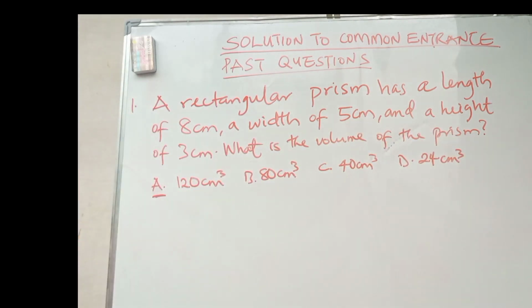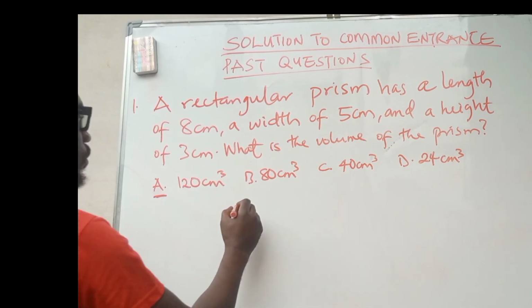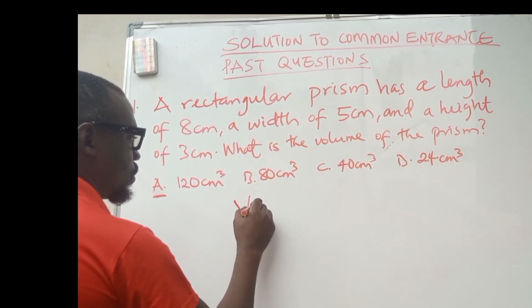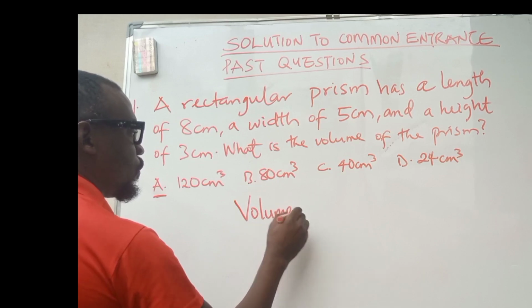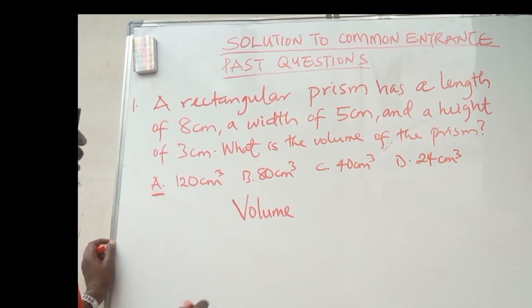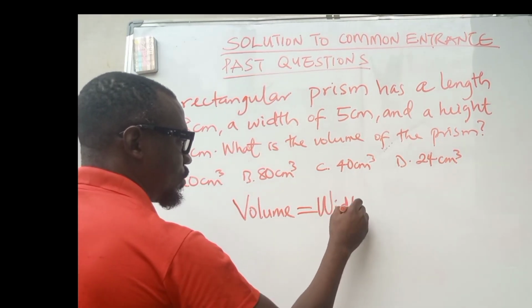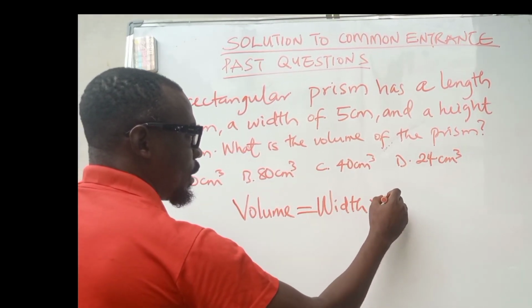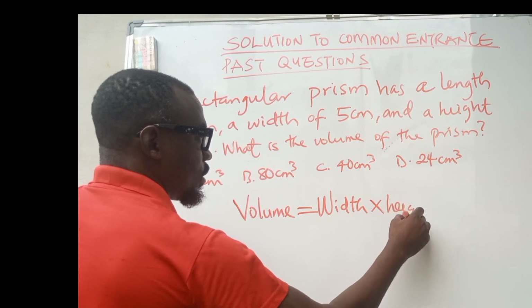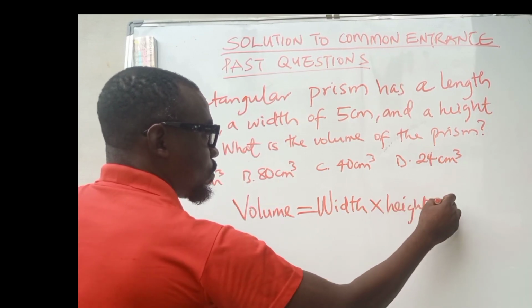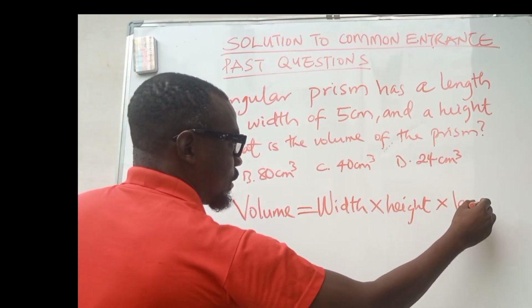Yes, we have to know the formula. Volume of the prism, the formula for it is width multiplied by height multiplied by length.